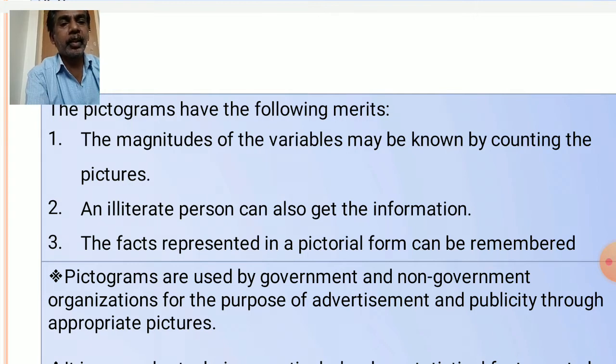Even a non-mathematical person, a layman, an uneducated person with less knowledge in statistics can understand the data by counting each picture, and each picture counts the magnitudes of the variables.